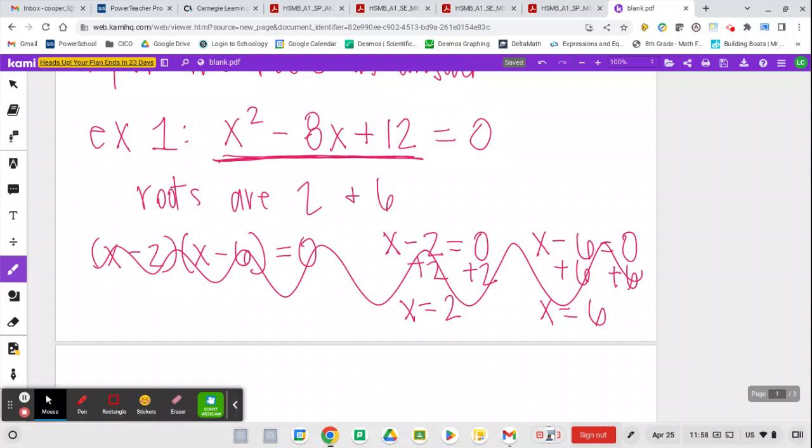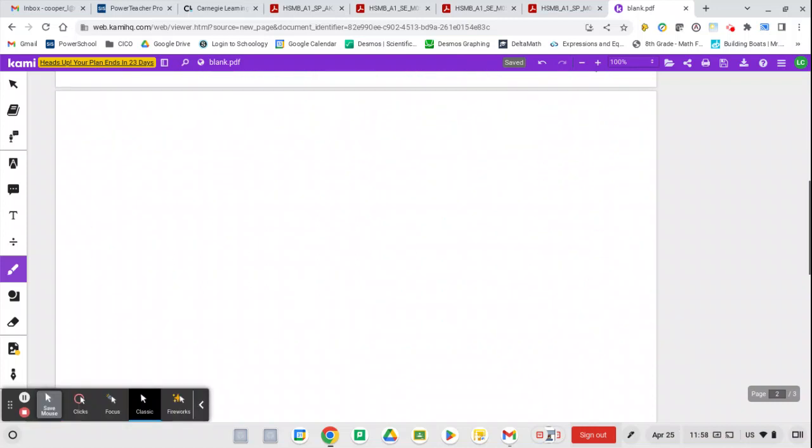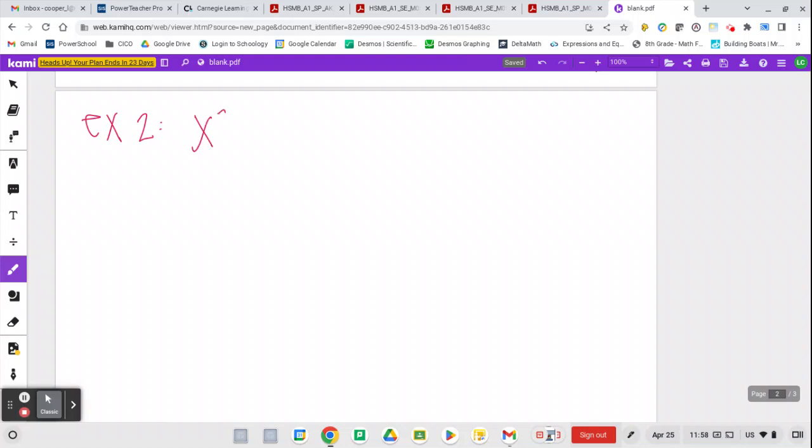Now, hold on just a second, because it does get a little bit different, especially on your, sometimes it'll look like this. Should be writing these down.